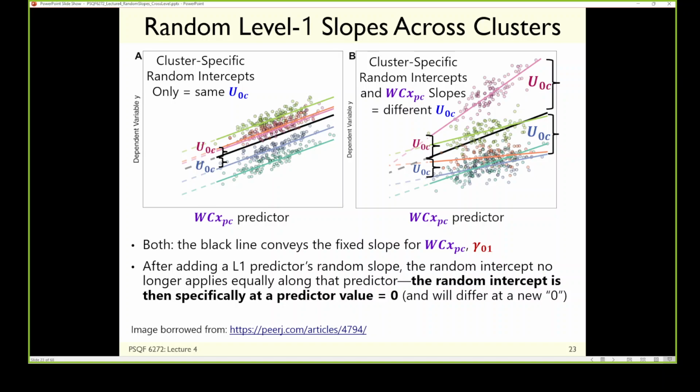So we can estimate a variance for the slope deviations, the idea that some clusters might have a stronger relationship of that person predictor and that person outcome, and some clusters might have a weaker one. So it is a level 2 thing, but what the slope refers to is a level 1 relationship. That's where the trick comes in. It's a variance across level 2 units in a level 1 relationship.